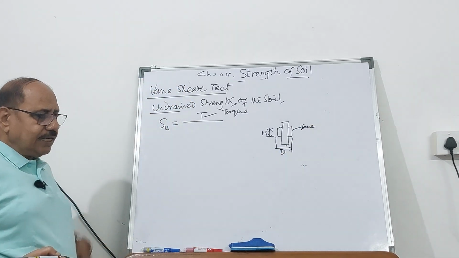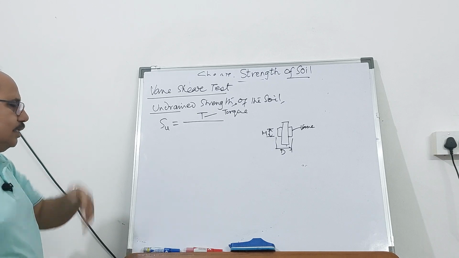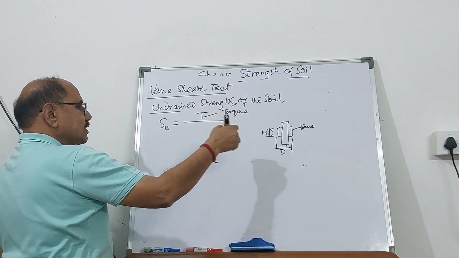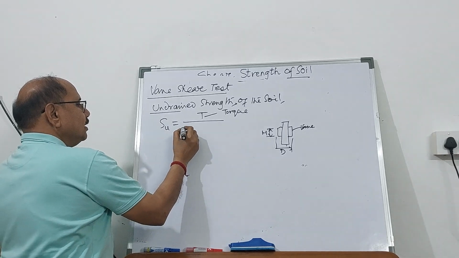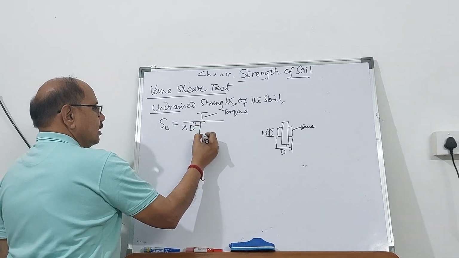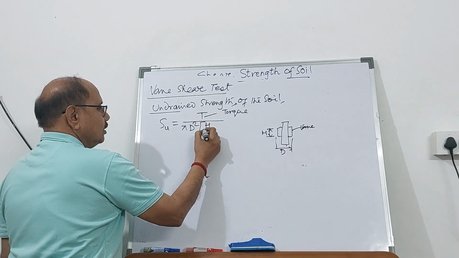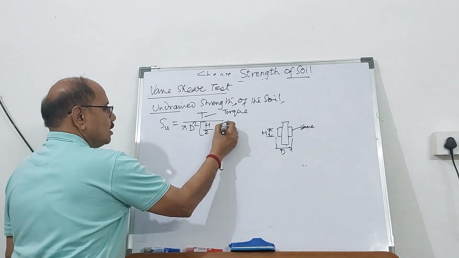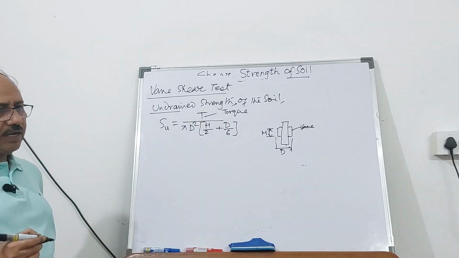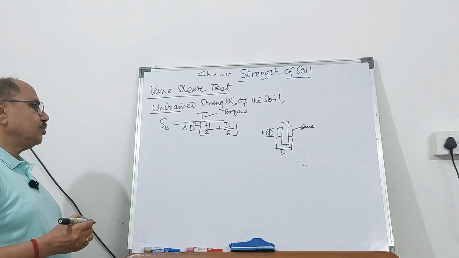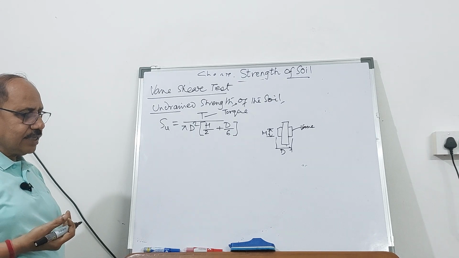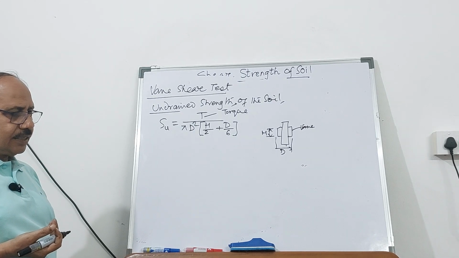So in the Vane shear test, if the vanes have been fully inside the soil mass, SU is going to be torque divided by pi d square into height upon 2 plus d by 6. So you can find out the value of the shearing strength by knowing the torque. And torque can be measured.